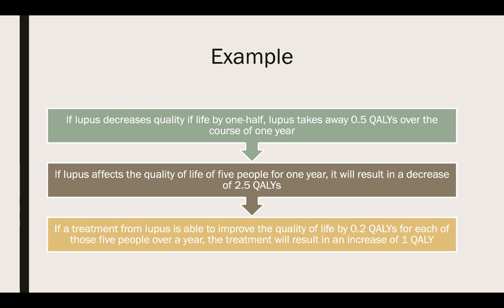Sometimes the treatments are adding more qualities than the illness is taking. Sometimes it's the other way around. So here we've got this disease taking away 0.5 qualities every year, and treatment adding 0.2 qualities every year. We're still declining in health, perfect health, but we're declining a little bit more slowly with treatment.